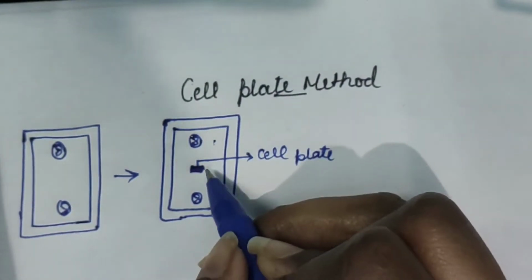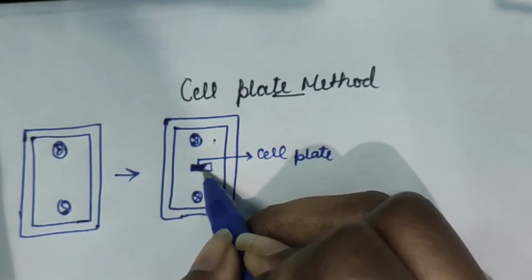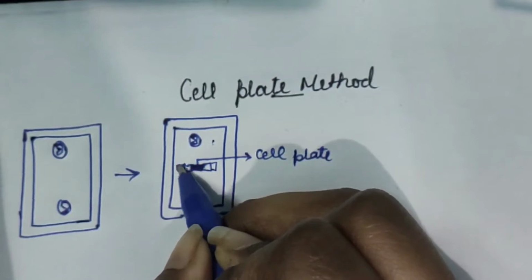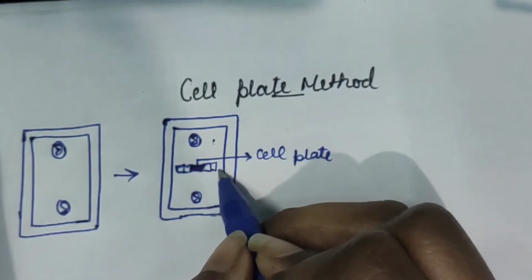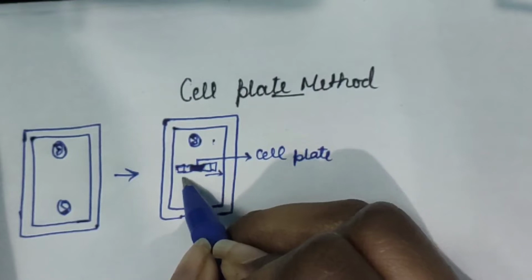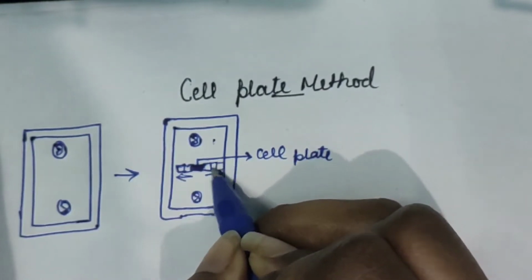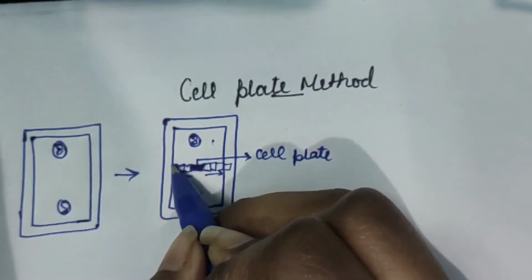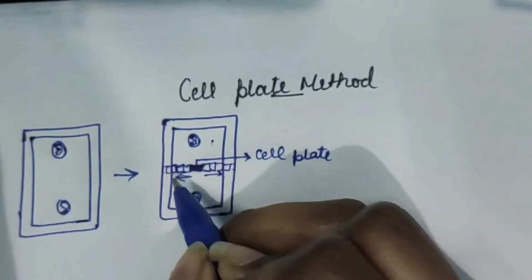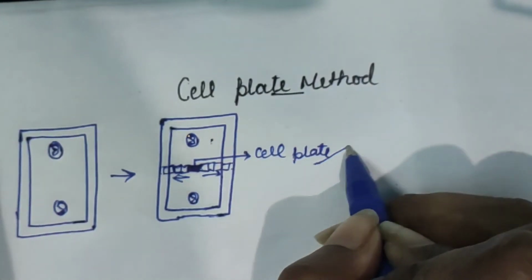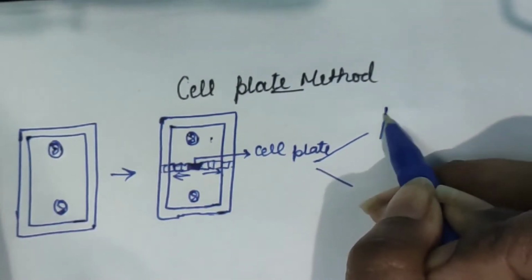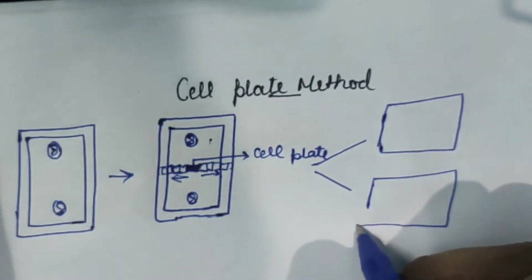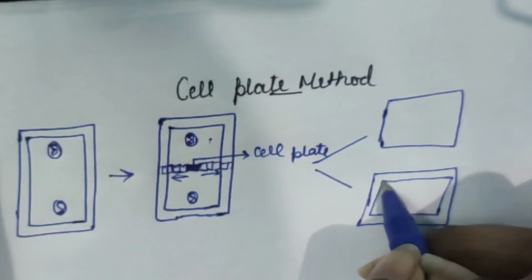Now, as time goes on, the dictyosomes keep collecting one by one, like this, and enlarge the cell plate, which moves towards the periphery. Whenever that cell plate touches the cell membrane, and then after some time the cell wall, the plant cell is divided into two daughter cells.